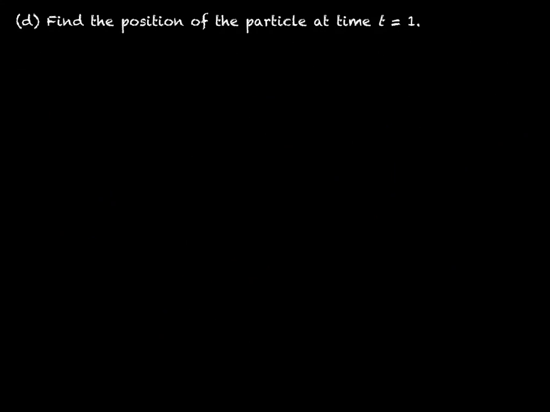All right, it says find the position of the particle at time t equals 1. So obviously we know we need to integrate the velocity vector to get backwards to the position. And they gave us in part A the fact that when time is equal to 2, the position of the particle is 7, 4.